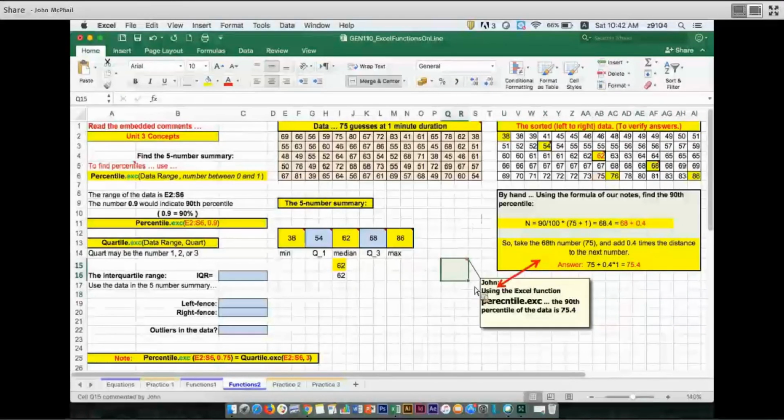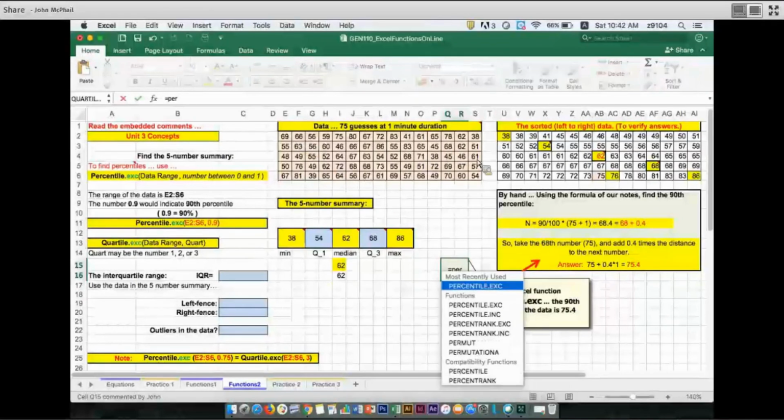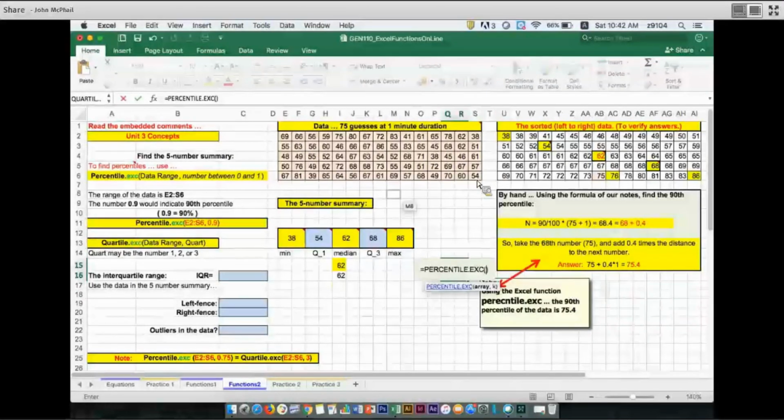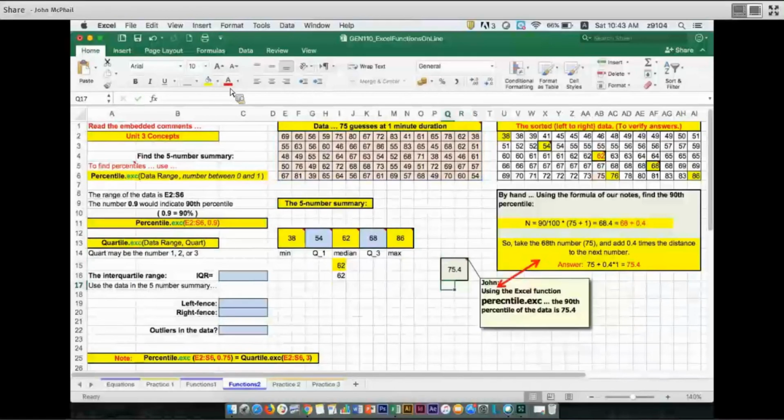We can do this calculation more easily by supplying the data, comma, the number we supply for k, the number between 0 and 1, 90%, 90 out of 100, 0.9. Press enter. And we have the 90th percentile as 75.4 in agreement with our calculation done by hand.